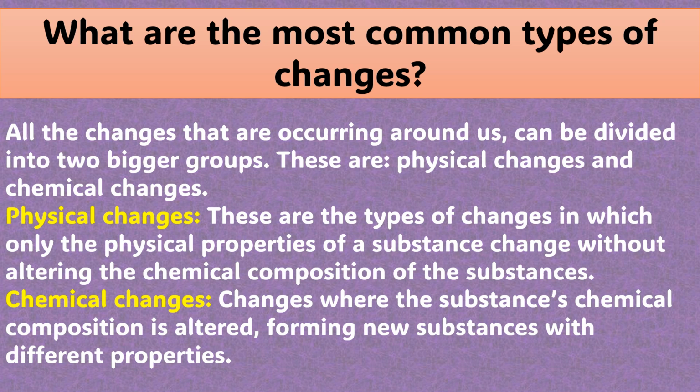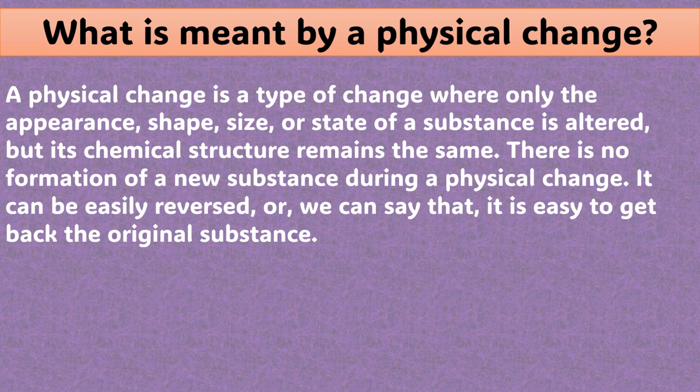Physical changes are the types of changes in which only the physical properties of a substance change without altering the chemical composition of the substance. Chemical changes are changes where the substance's chemical composition is altered, forming new substances with different properties.